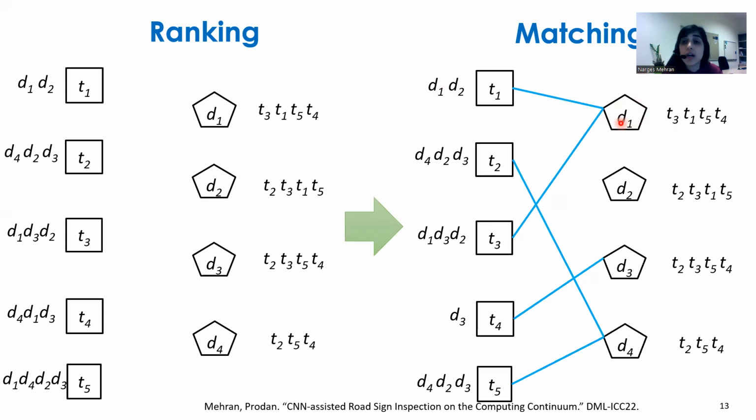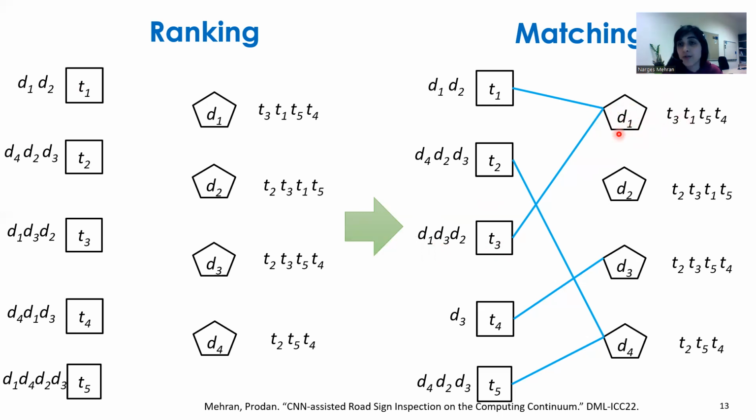That's why D1 has also accepted the execution of another task, which is T3, because T3 has previously ranked D1 with the highest rank, and D1 has also ranked T3 with the highest rank.